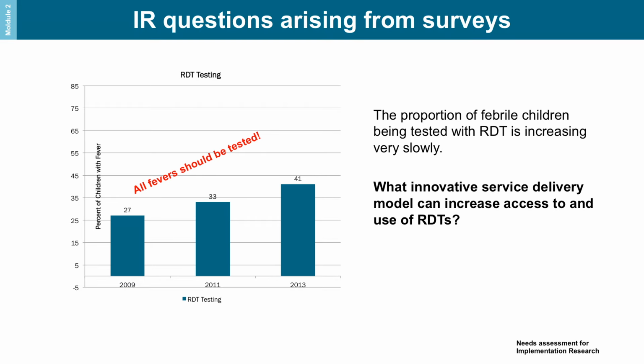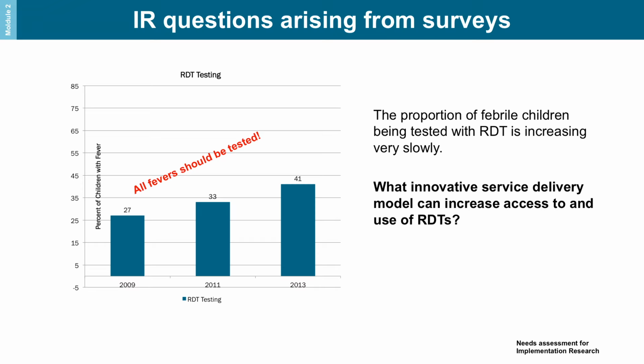We talked about our various surveys, our demographic and health surveys, our malaria indicator surveys, and we want to use that information to guide us to think about improving programs and designing new interventions.